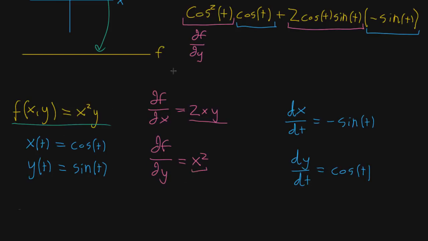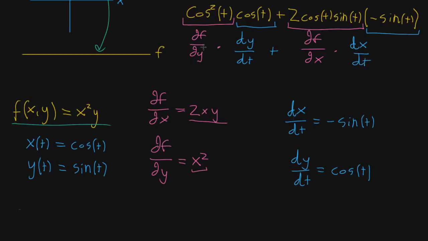Once we've plugged in the intermediary functions, multiplied by this guy was the ordinary derivative of y with respect to t. So that was the ordinary derivative of y with respect to t. And then very similarly, this guy was the partial of f with respect to x, partial x, and we're multiplying it by the ordinary derivative of x of t, so over here, x of t, with respect to t.